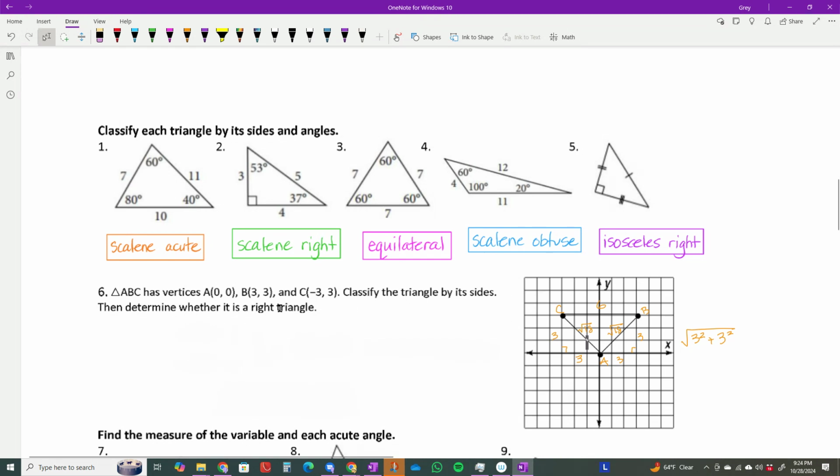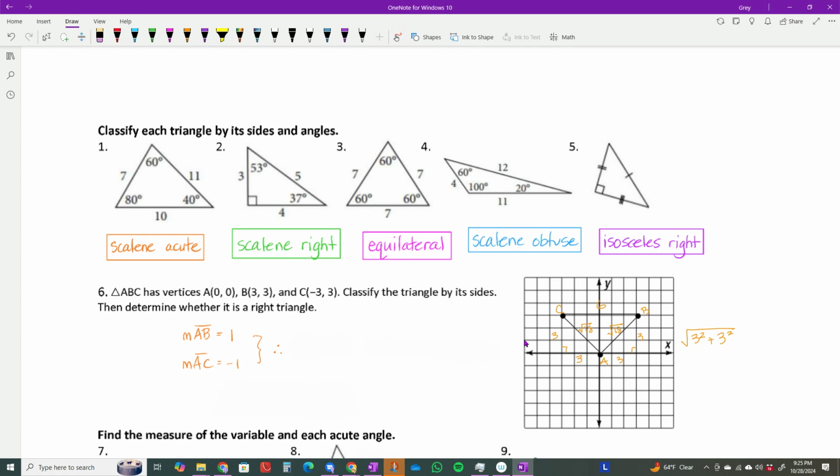Now we have to decide whether or not it's a right triangle. Well, we have the rise and the run right here, and this is positive, so the slope of segment AB is 1. And the slope of segment AC, all right, it's falling, with the same rise and run of 3 and 3, but this time it's negative 1.